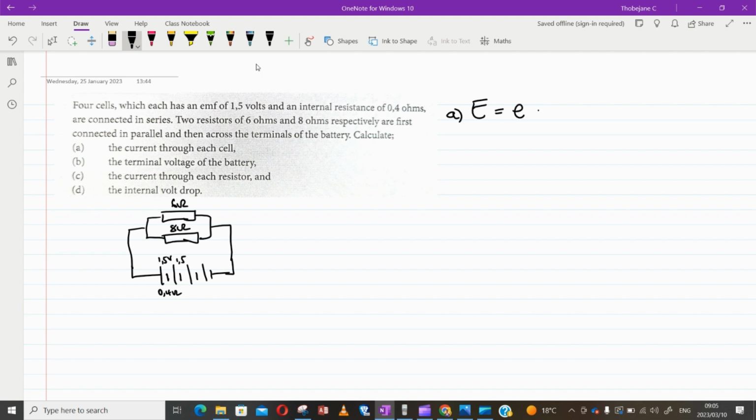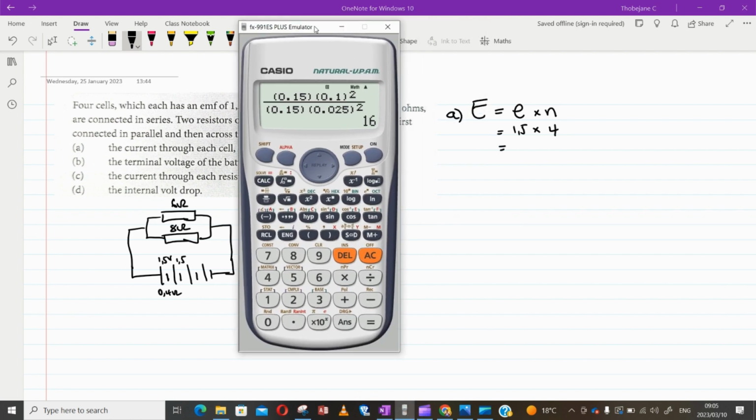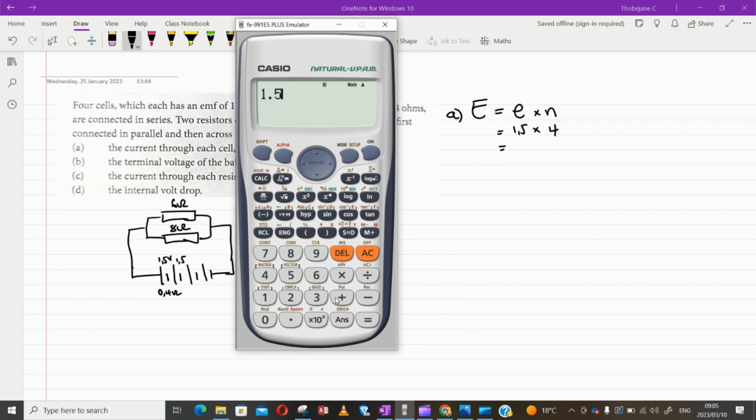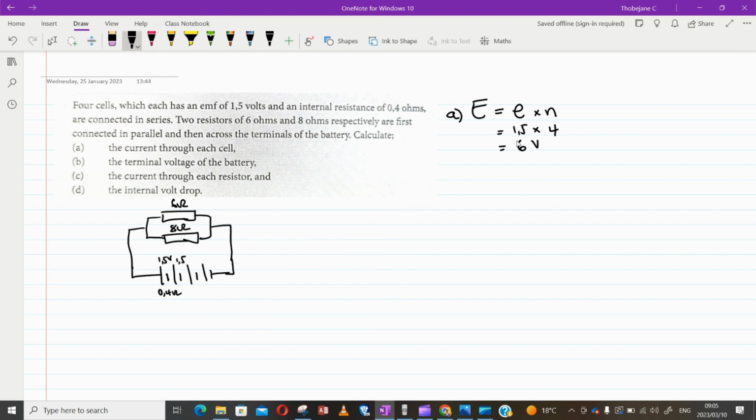Total EMF is going to be given by E multiplied by N. This is going to be 1.5 volts multiplied by 4. We have how many cells? We have 4 cells. Now you take out your calculator, you type in 1.5 multiplied by 4, and you get 6 volts. That is the total voltage present in that particular battery.